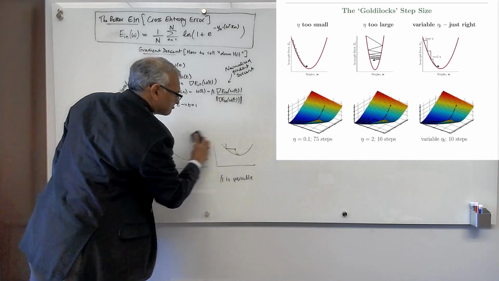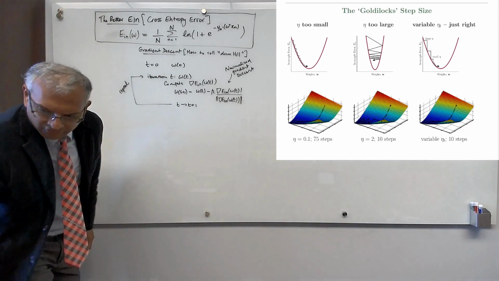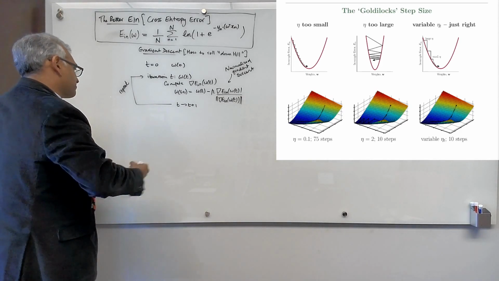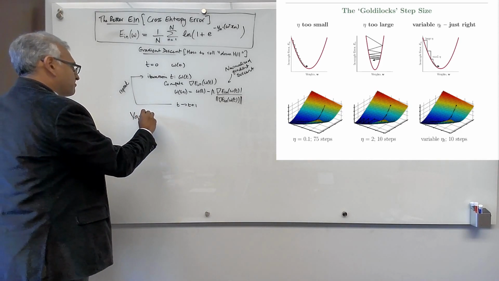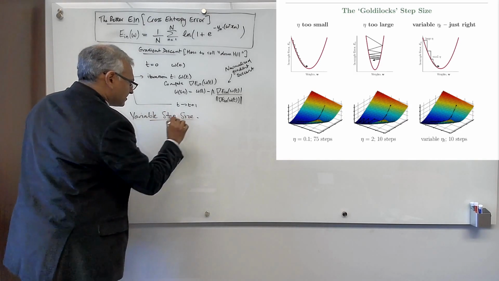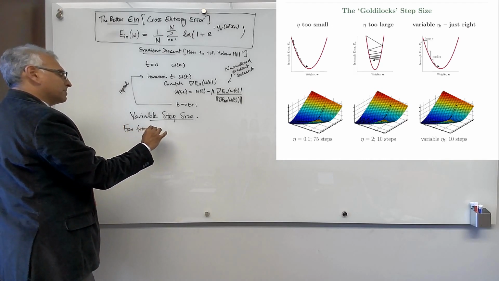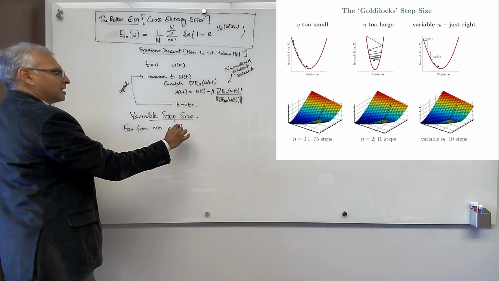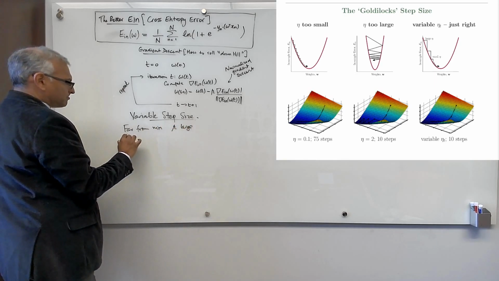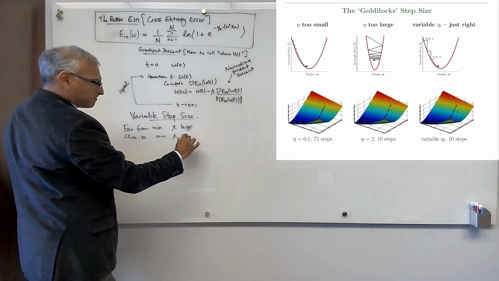But let's try. Variable step size. Far from minimum, you want eta large. Close to minimum, you want eta small.